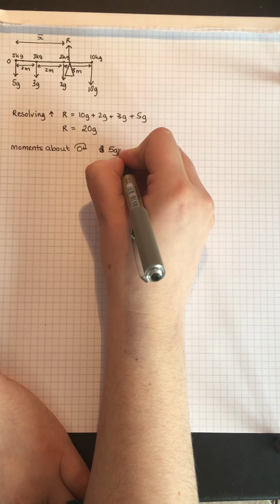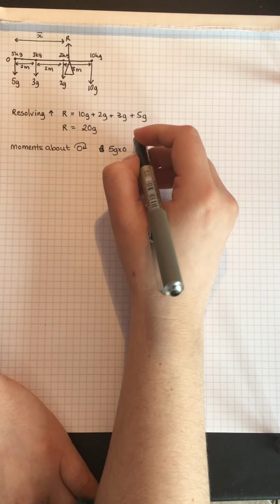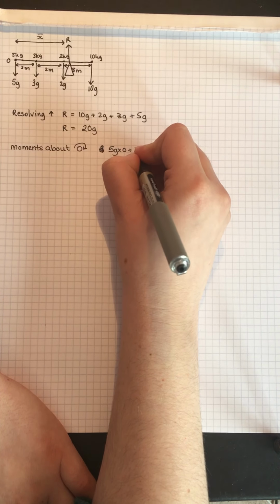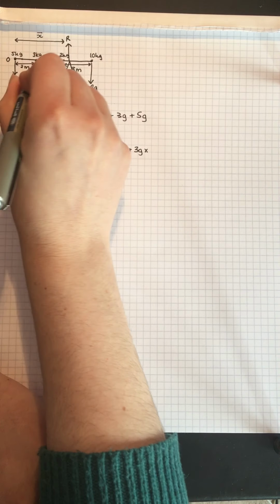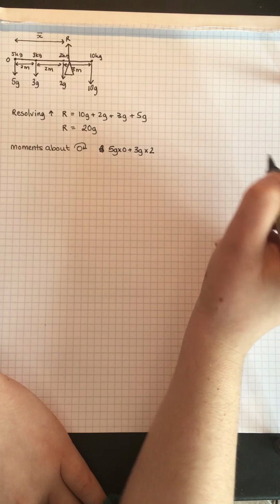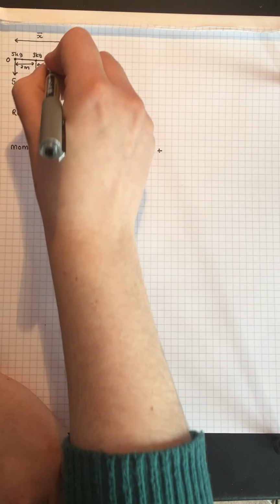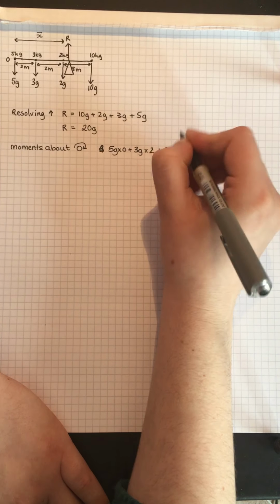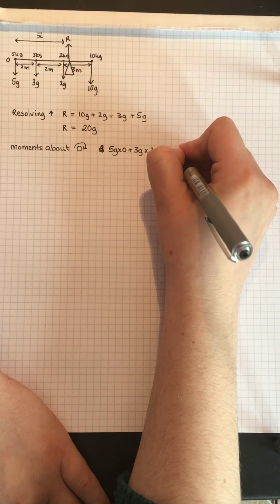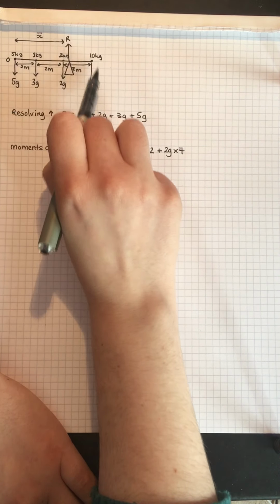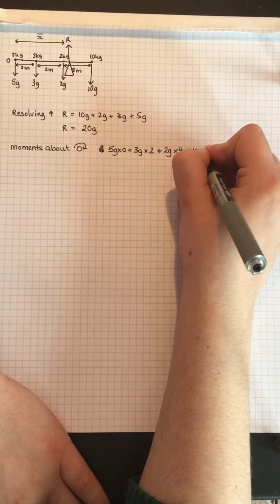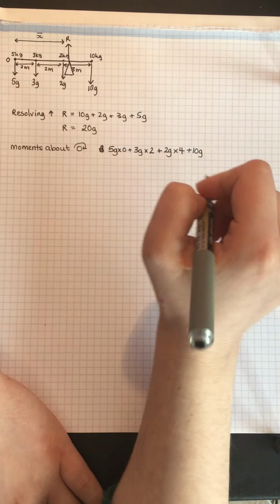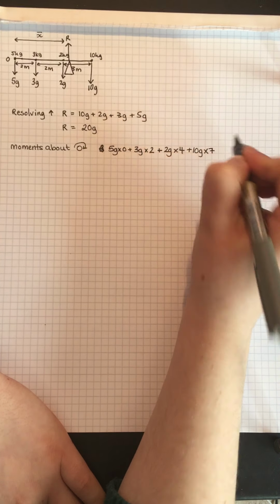So 5g times 0, then we've got plus 3g times 2, because that's 2 meters away. Then we've got this 2g times 4, because that's 4 meters away. And then we've got the 10g times that total of 7 meters away.